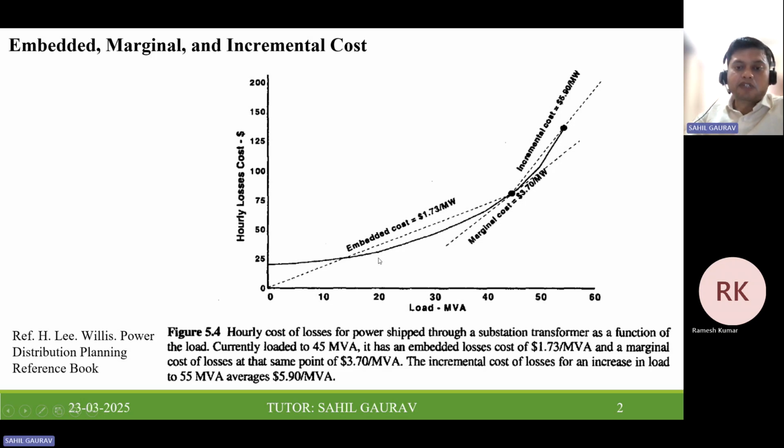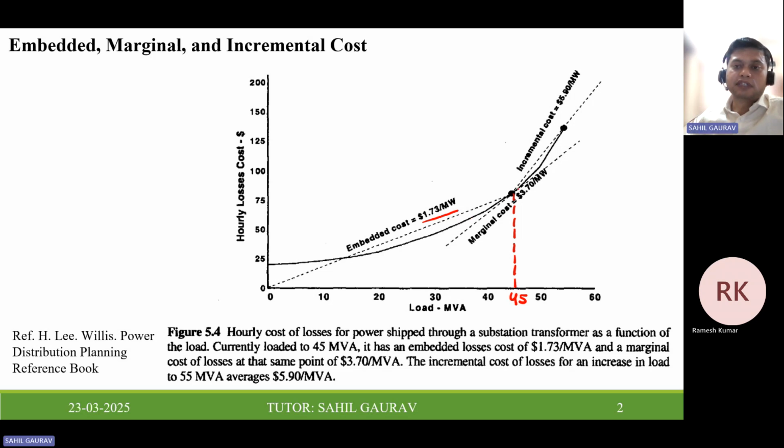Here we have the hourly cost of losses for power shipped through a substation transformer as a function of load. On the x-axis we have load, and on the y-axis we have hourly losses cost in dollars. Currently the substation transformer is loaded to 45 MVA. The embedded losses cost is given as 1.73 per MVA or per megawatt.